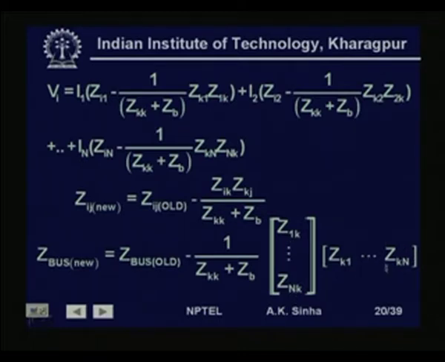If we do this multiplication, this will be again an n by n matrix. This n by n matrix is divided by the term Zkk plus Zb, that is, all elements of this matrix will be divided by this term, and that is subtracted from the old n by n Z bus matrix.